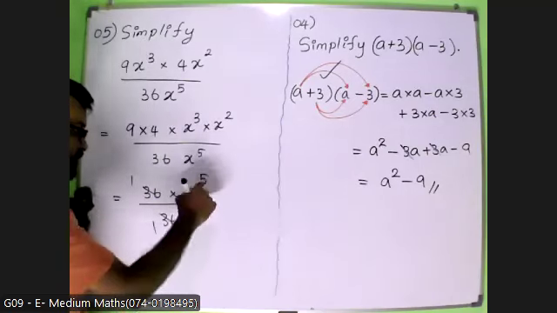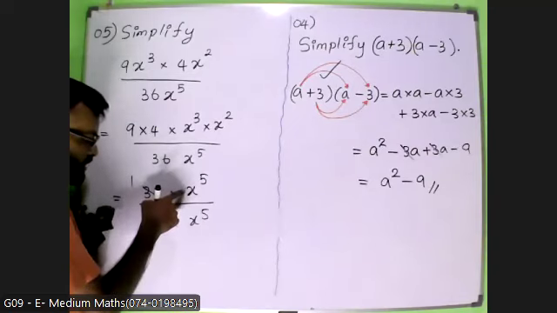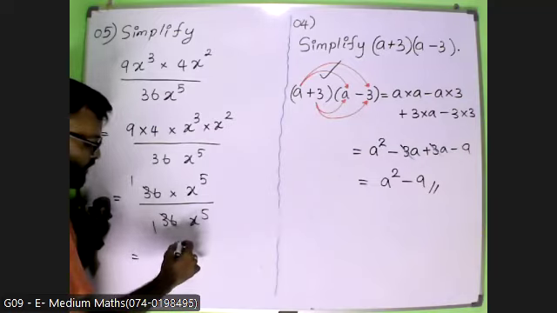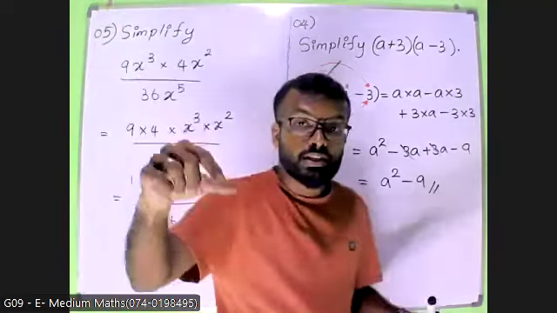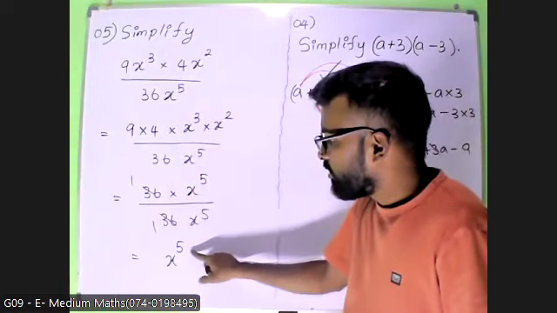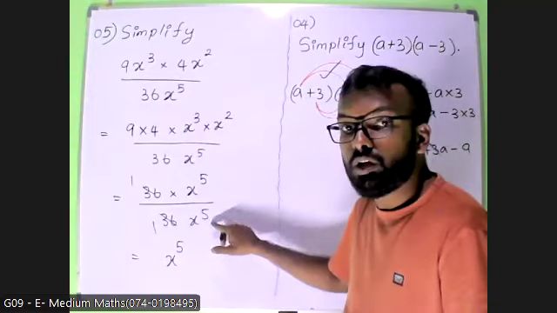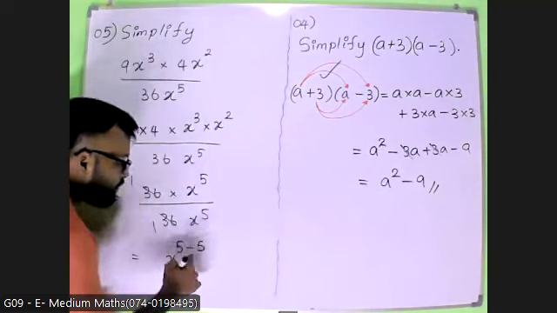By using laws of indices, same base, x to the power 5. If you have something in the denominator with the same base, power 5, you can subtract the power of the denominator from the above.